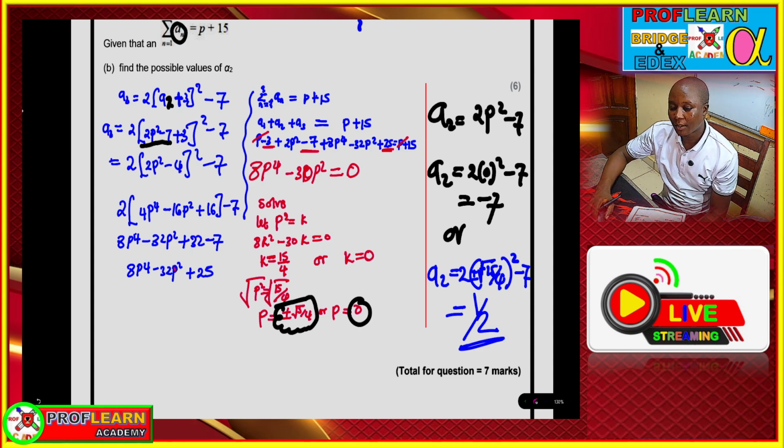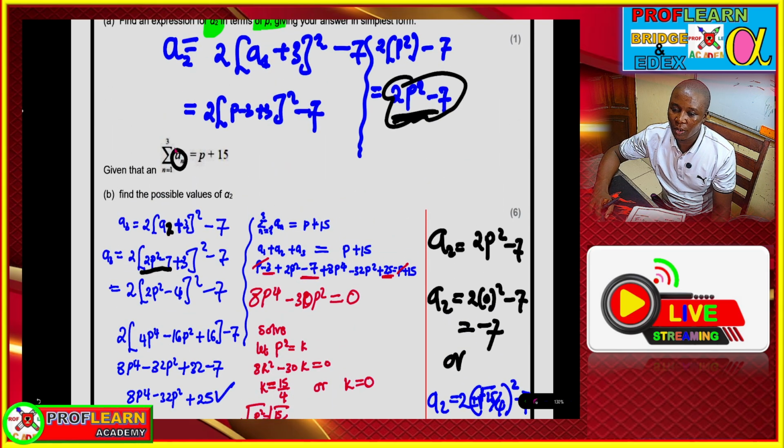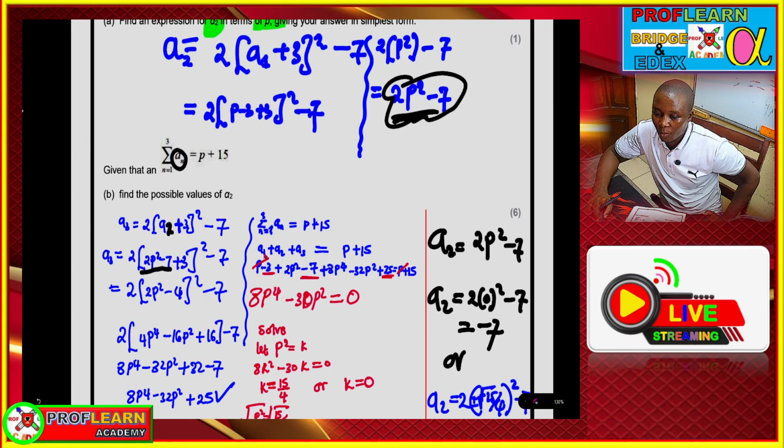So meaning that if you simplify this, you are going to have 25 here. Then, because we are talking of the summation from n equals 1 all the way to n equals 3, it will mean that we are going to add A1, A2, A3, which shall equate to P plus 15.